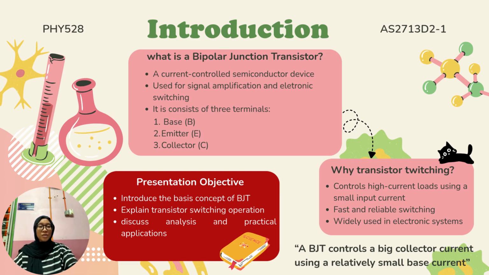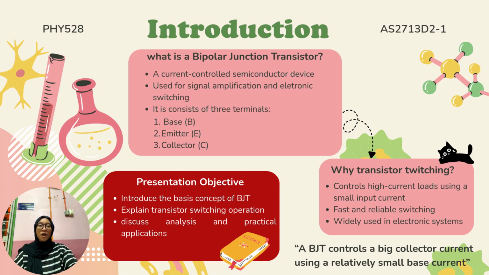Why transistor switching? In this presentation, we will focus on the switching function of the BJT. When used as a switch, the transistor operates between two states: cut off, where the transistor is off, and saturation, where it is fully on. This switching capability makes BJTs suitable for controlling electronic devices such as LEDs, relays, motors, and many other digital and industrial systems.